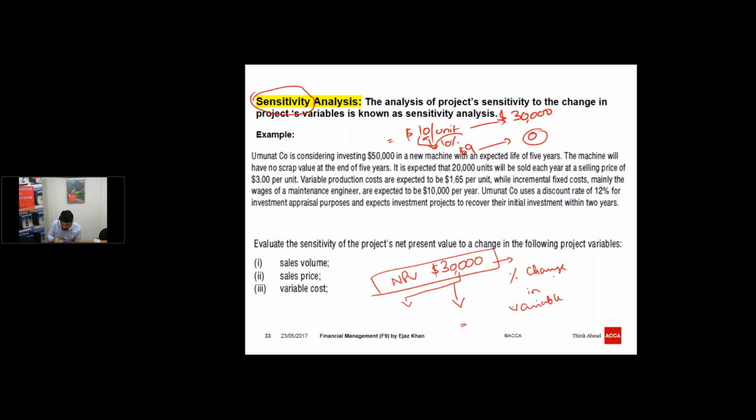It means that the project is 10% sensitive to the selling price. So all we have to do with sensitivity analysis is to calculate the percentage change in a project variable that will make the NPV 0, assuming all other variables remain constant. So in tomorrow's lecture, we're going to calculate the sensitivity of project variables.